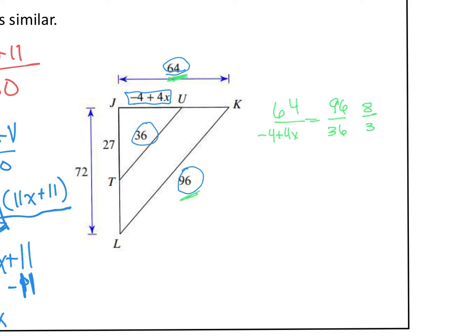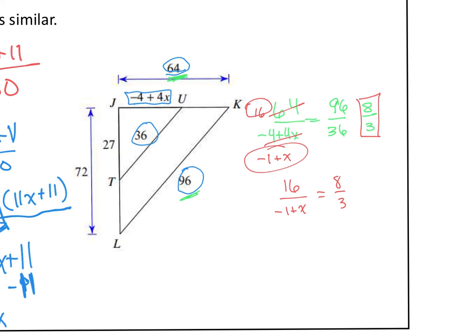It doesn't present itself as often as we would like, but we know that 4 will go into both the 4's on bottom, 1 time each, so that will give us -1 plus x, and 64 divided by 4 is going to be 16. So now we can take this value and these values and make a new proportion. 16 over -1 plus x equals 8 over 3.